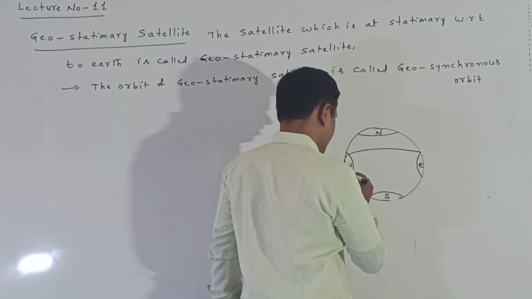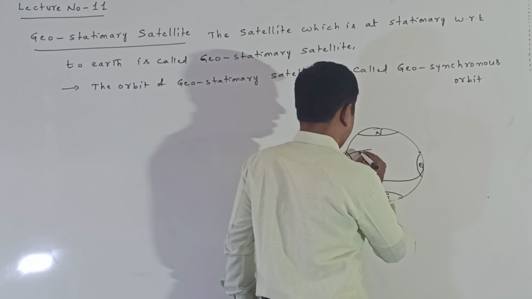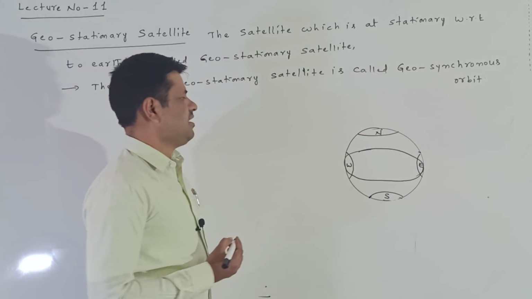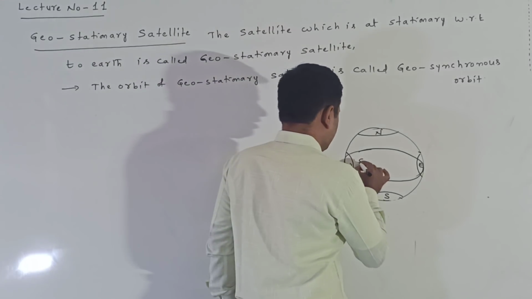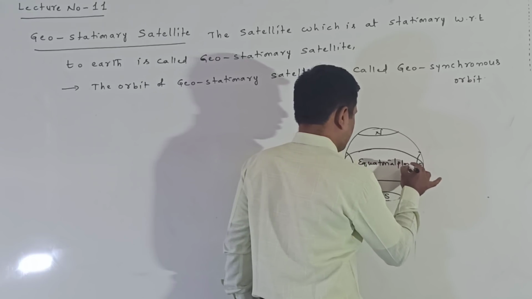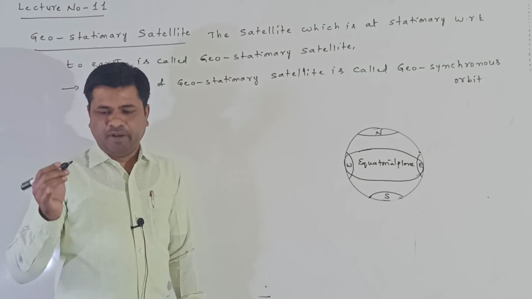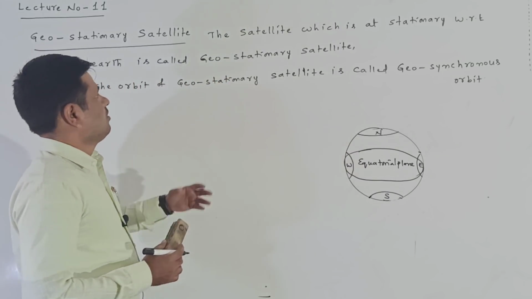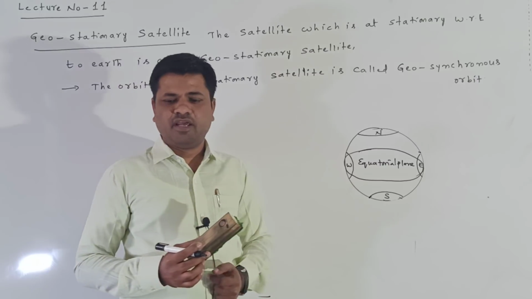Along west and east, we consider one plane. This plane is called the equatorial plane.